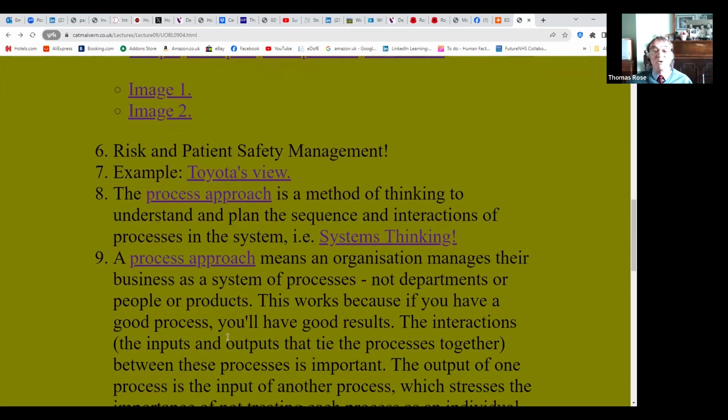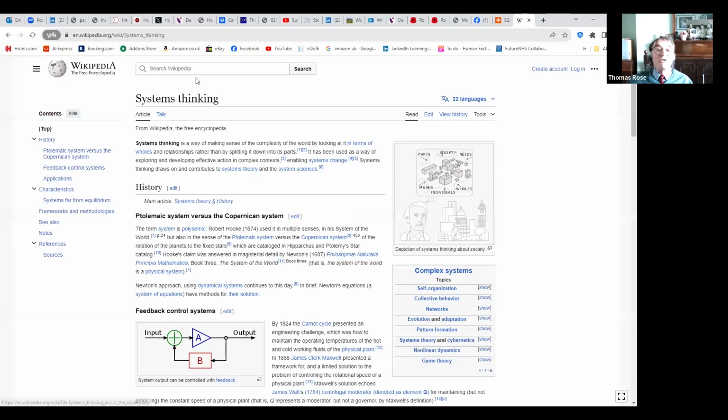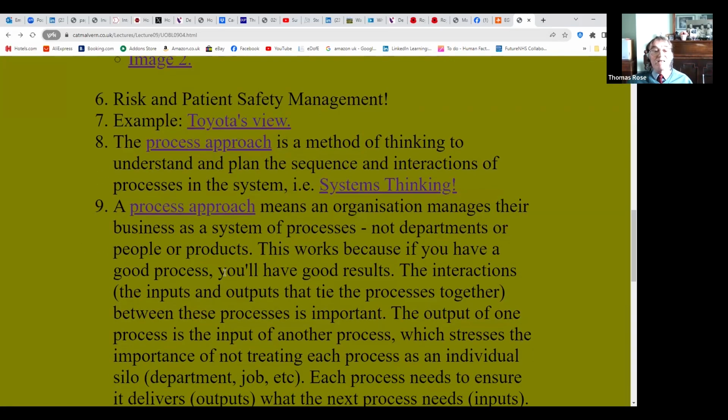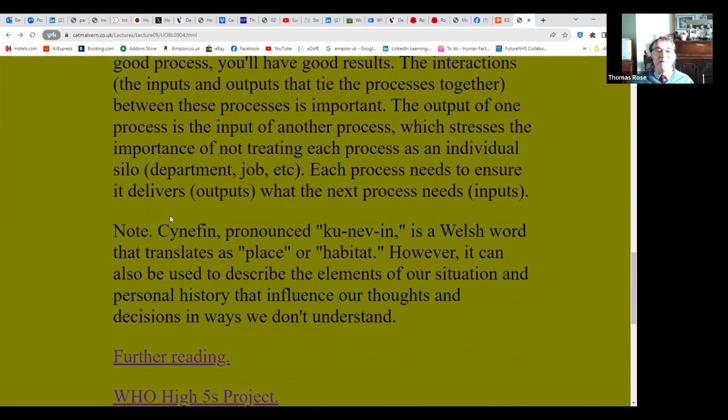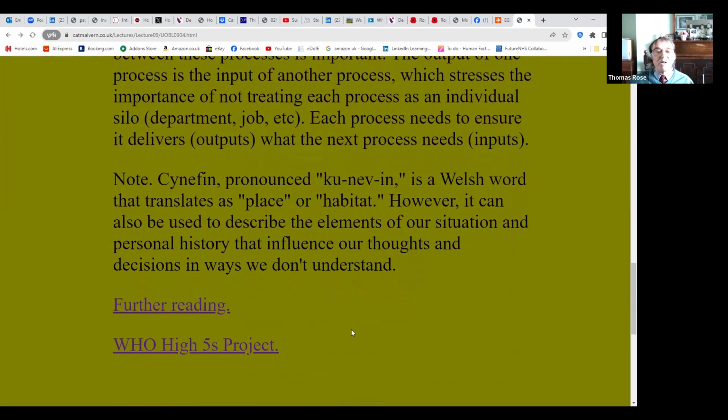That's called a process approach or systems thinking. You can look up systems thinking and see what it says. Systems thinking and the process approach are very similar. And there's a little bit more there about the diagram that I showed earlier.